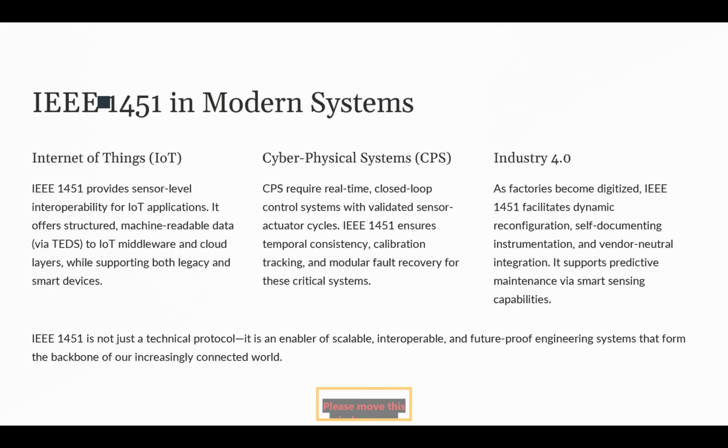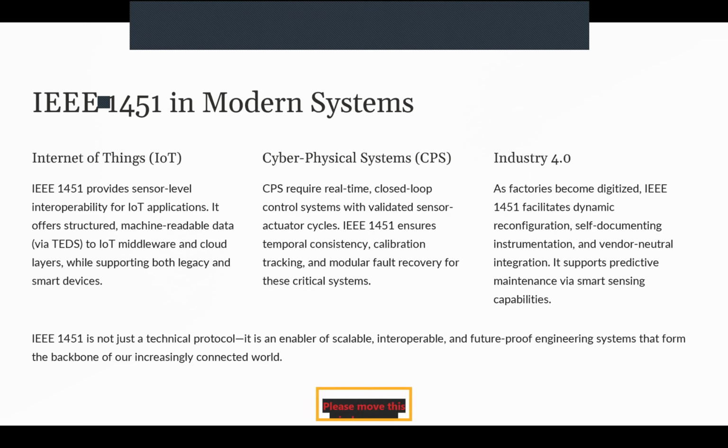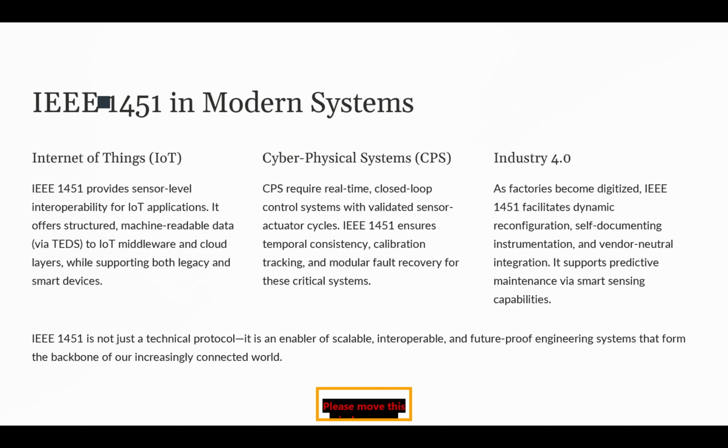Now, when we talk about a cyber physical system, those systems basically require a real-time response. Okay, so this standard IEEE 1451 makes sure that we have precise synchronization, traceability over the calibration in our system, and robust feedback loops between the sensors and actuators.